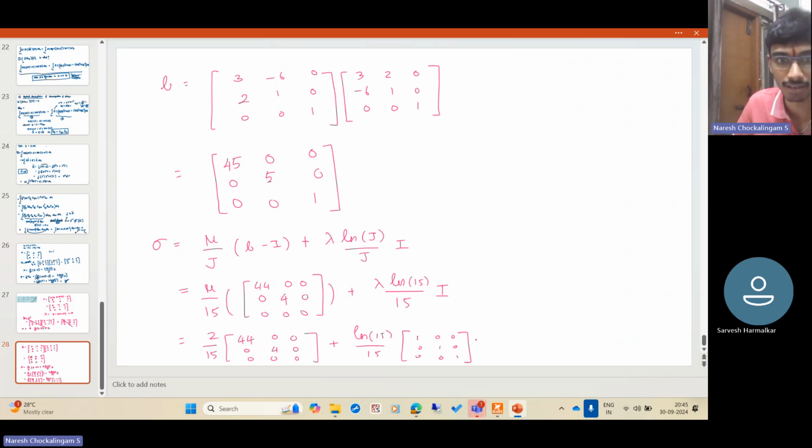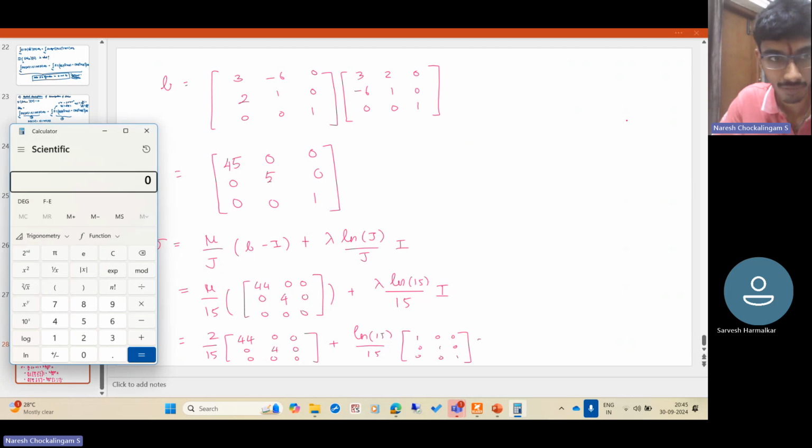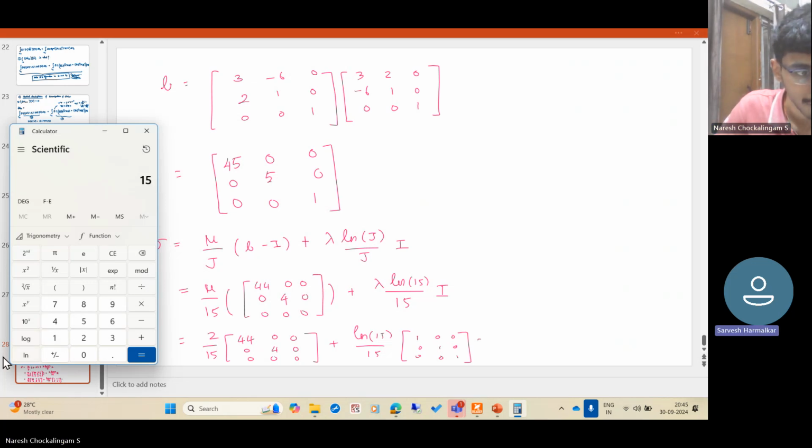Okay, so I calculate it on the calculator. Was the mu value considered, Naresh? We said ln 15 is there, no?